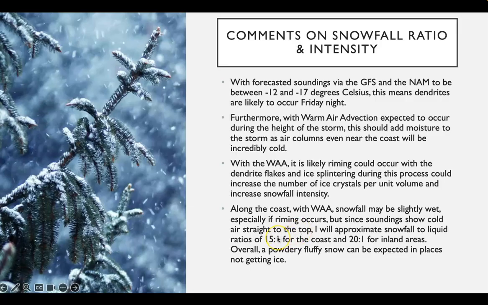So if I have 0.2 inches of liquid, then I multiply it by 15 to get the amount, which in my head I don't know. So it's just multiplying your QPF by the ratio here.